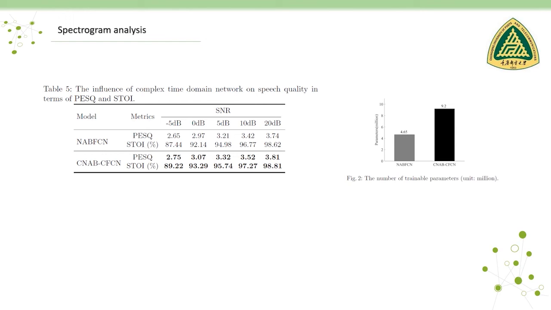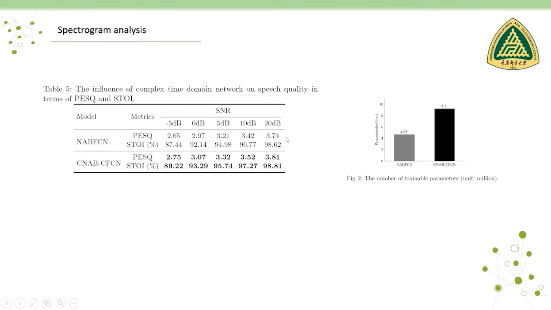The NABFCN model is the same structure as the proposed CNAB-CFCN, but with real operators. The model size of NABFCN and CNAB-CFCN is shown in figure 2.